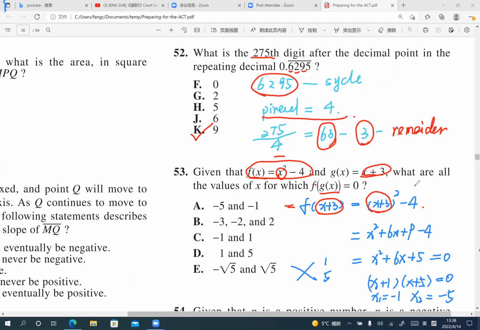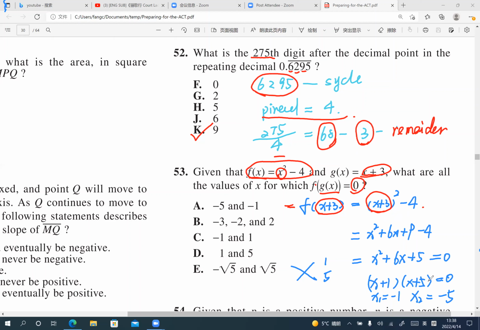So f of x plus 3 should be equal to (x plus 3) squared minus 4. Simplified, we get x squared plus 6x plus 9 minus 4, which is x squared plus 6x plus 5, equals 0. After we factor this quadratic equation, we get (x plus 1) times (x plus 5).